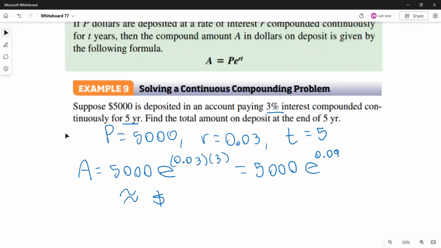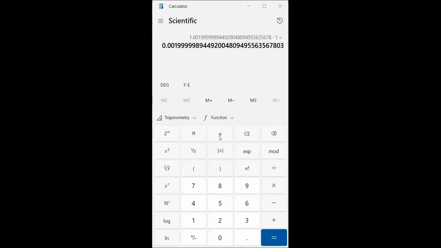Okay, so let's put this in a calculator. This is 5,000 times the number E raised to the 0.09. And that's going to be... Let's see. Okay, I made a mistake. Okay, I see what I'm doing wrong. Sorry, there was a mistake.